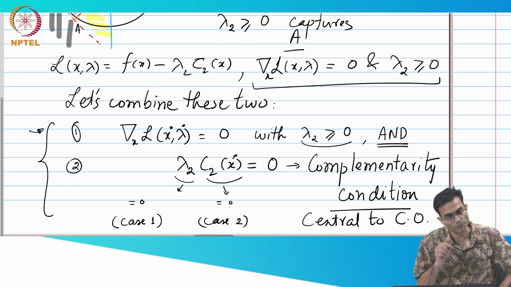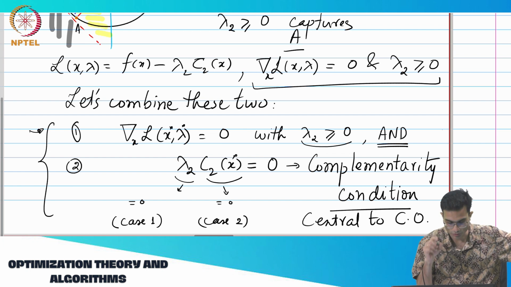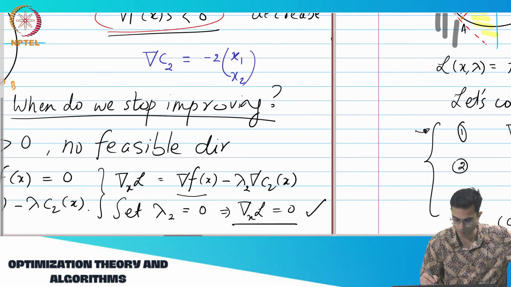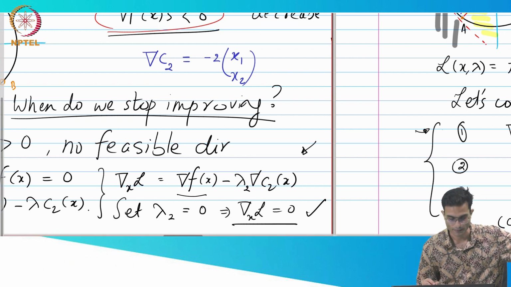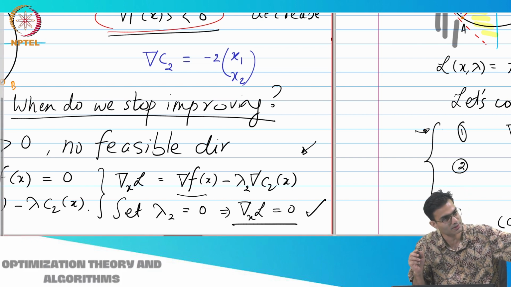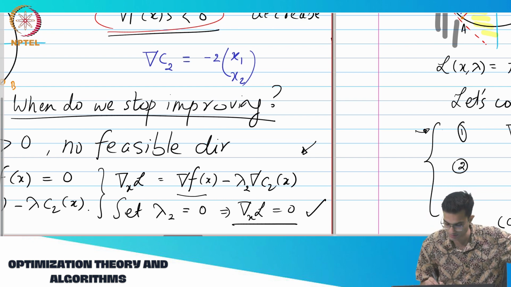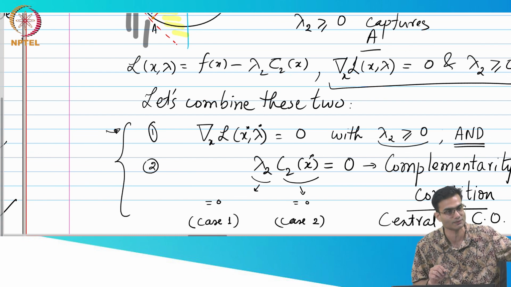The first, you mean this guy? So this captures both case 1 and case 2. So let me put them side by side. So look at this. Case 1 is happening over here, right? So in case 1, grad L equal to 0 is along with lambda 2 equal to 0. So both of these statements together work for case 1 and case 2.